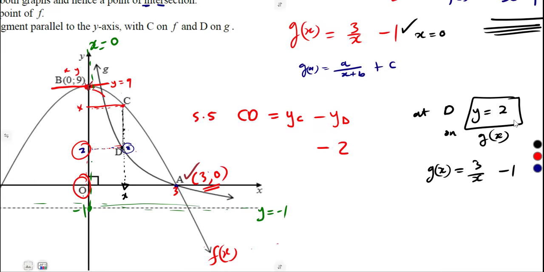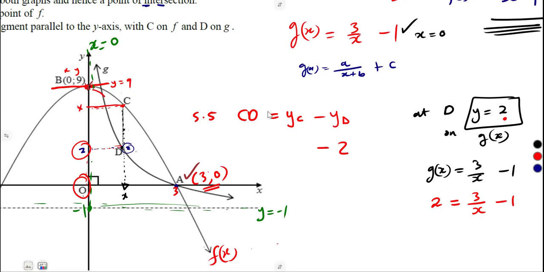But at that moment at D, at the condition of our vertical line at D, Y is 2. So you take advantage of that. Y is 2. So what is the value of X? You solve your X there. It lies on G(x), so you use G(x).